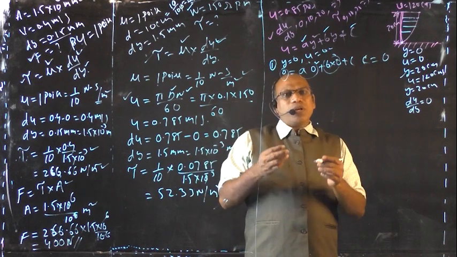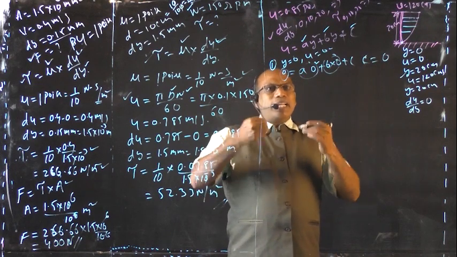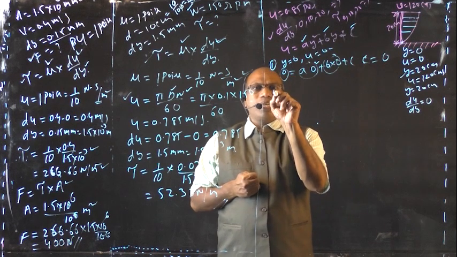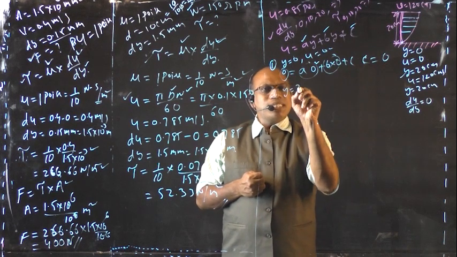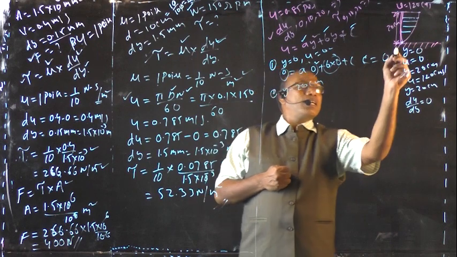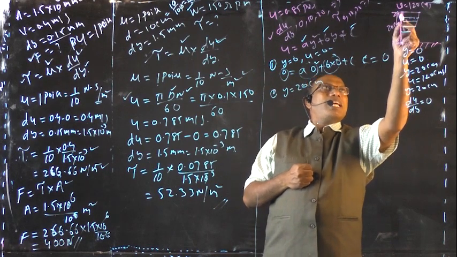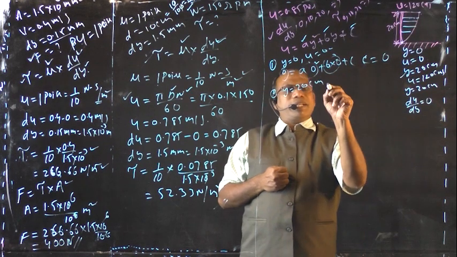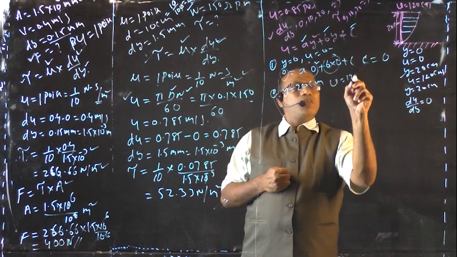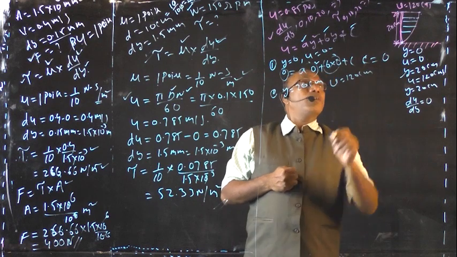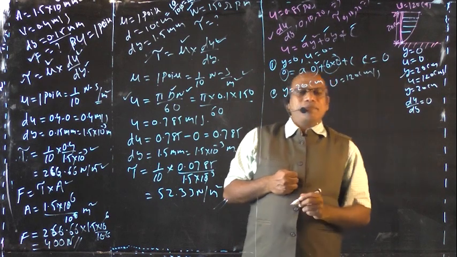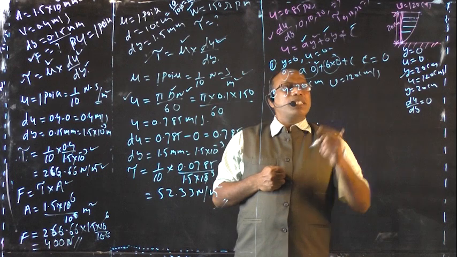Right, now we are going to apply the second boundary condition, y is equal to 20 centimeters, the distance from the fixed plate, velocity is equal to 120 centimeter per second.